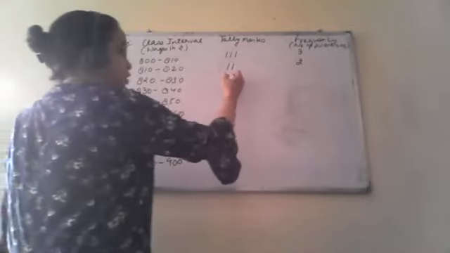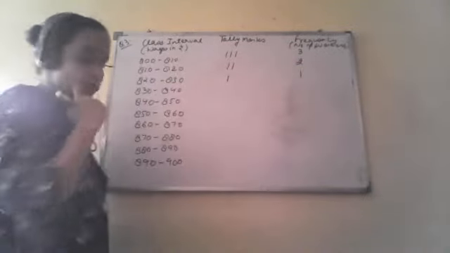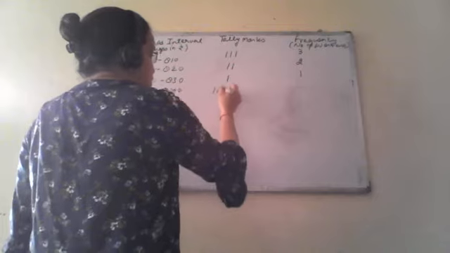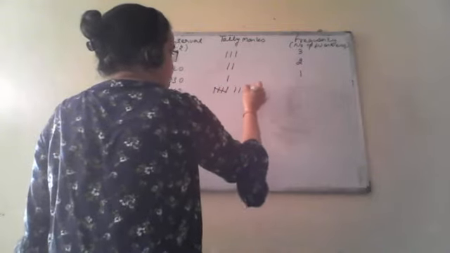You can cross verify. 820 to 830, we have 1 worker, so frequency will be 1. For 830 to 840, we have 9. So it is 1, 2, 3, 4, 5, 6, 7, 8, 9.